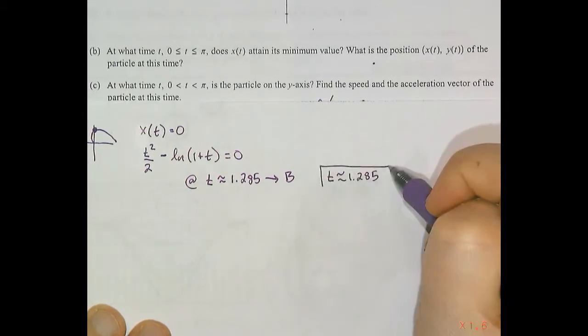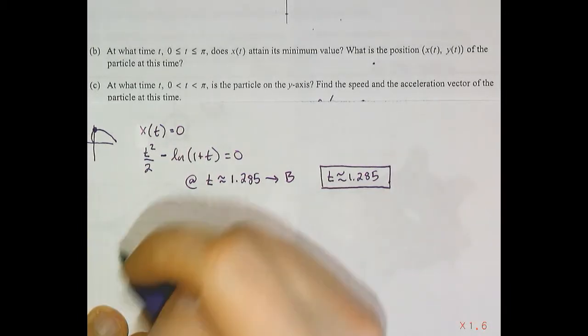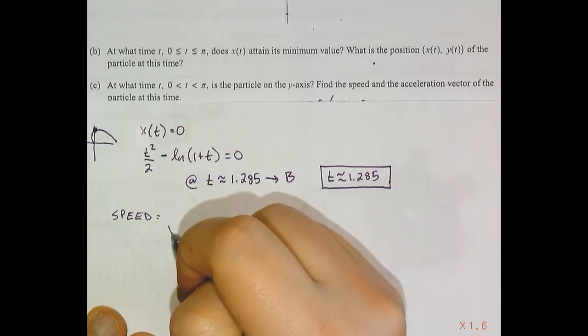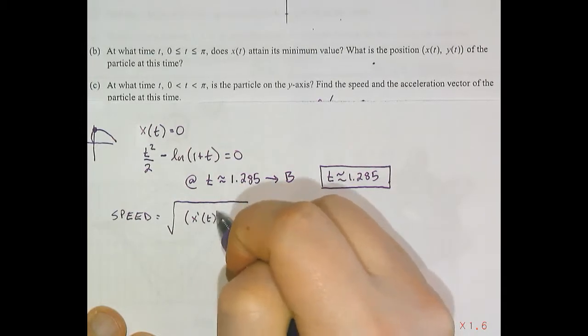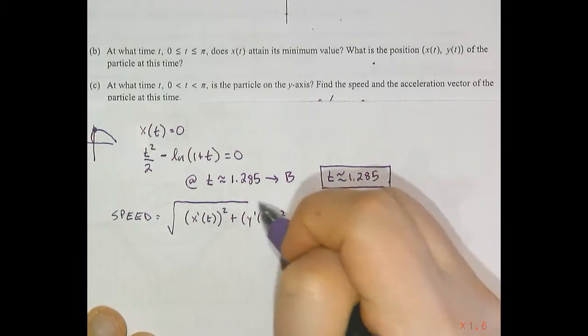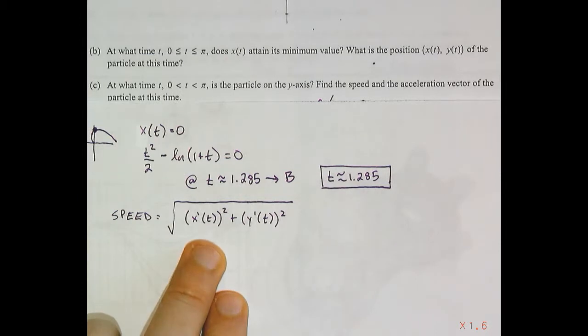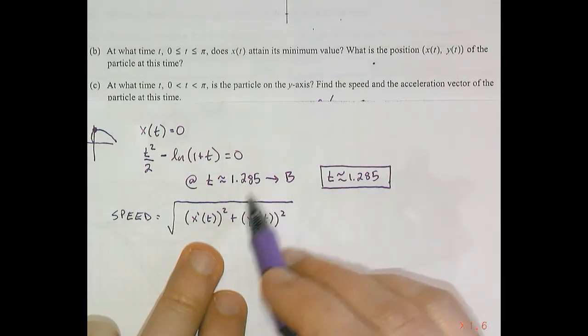And now they want us to find the speed and acceleration vector. And speed, we should recall, is going to be the square root of x prime of t squared plus y prime of t squared. This tells us the speed for a particle in parametric or vector form, and they're asking what is the speed at this time. So we're going to be plugging in that value b.